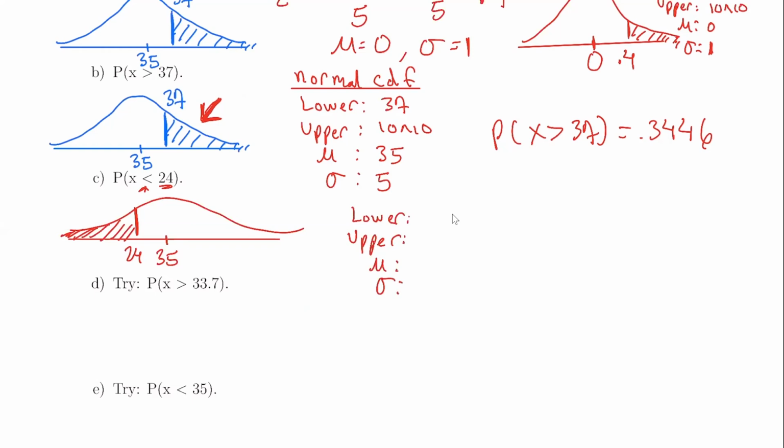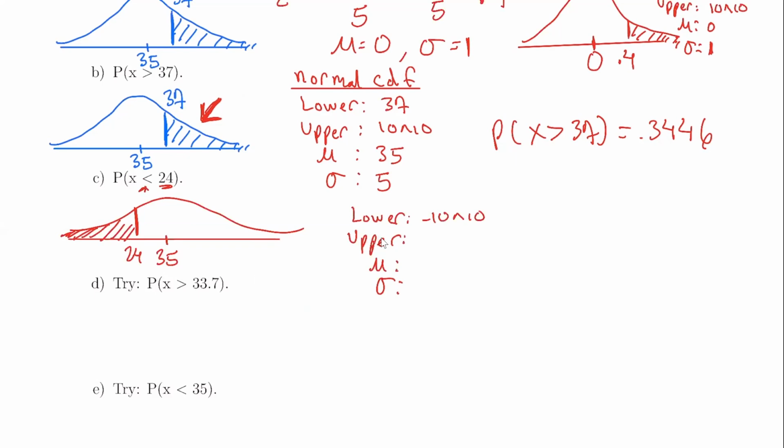So for this one, what will be the lower? Well, if you kind of look at it, it keeps on going to the left-hand side. So since you keep on going to the left-hand side, it is negative infinity. So it'll go negative 10 to the 10 power.